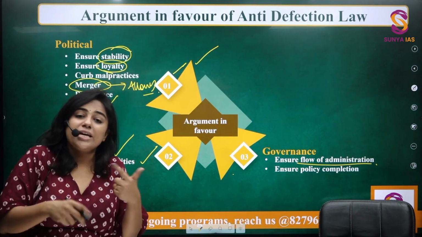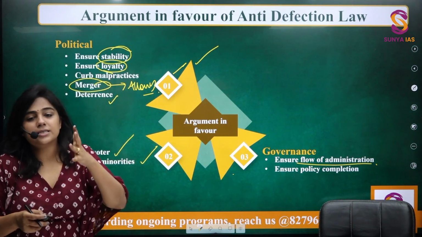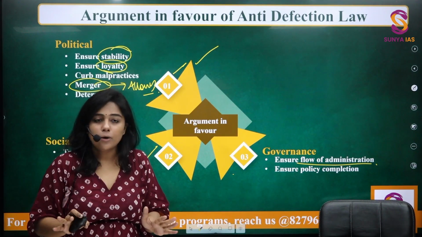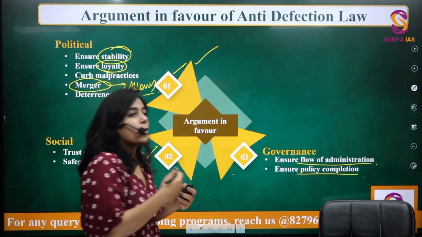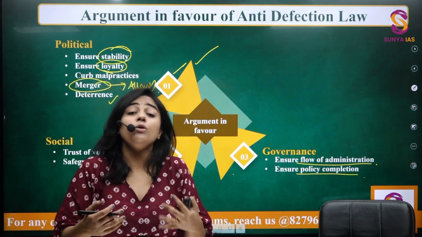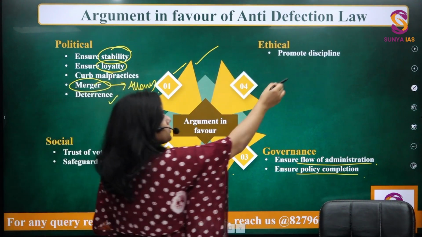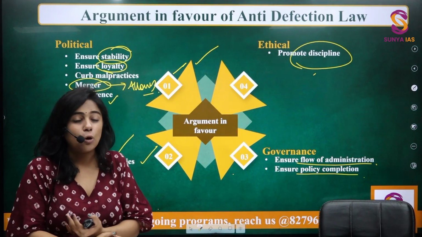They will not change their political parties, and their focus will be on governance, not on political calculations. Okay? It ensures policy completion and policy development, good governance overall. And overall, it promotes discipline. So this is the justification of the anti-defection law.